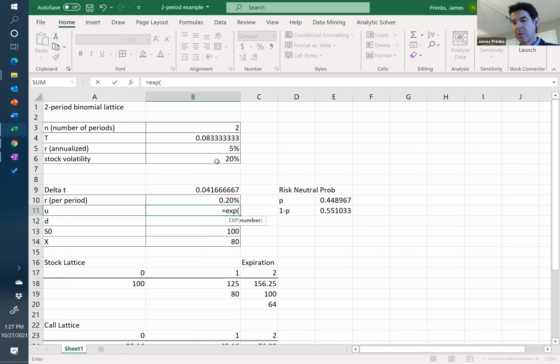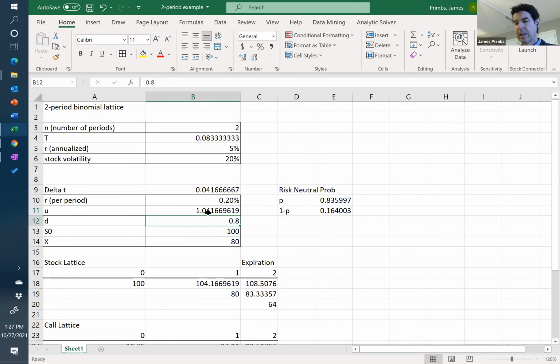It's to the volatility, that's the volatility right there, times the square root of delta t, which is right there. That gives me the up factor. And then remember the down factor is 1 divided by the up factor. There we go.